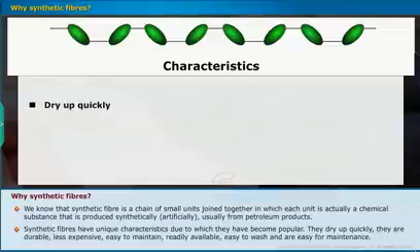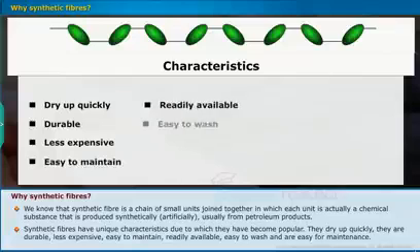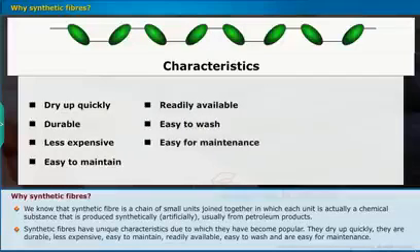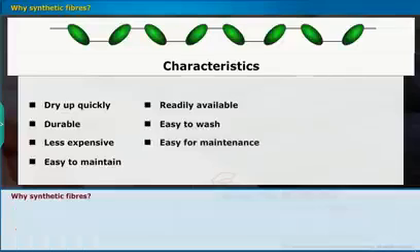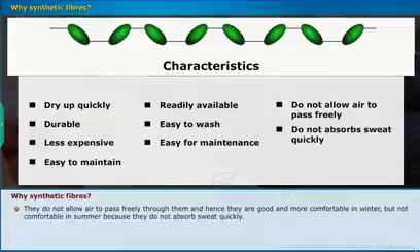They dry up quickly. They are durable, less expensive, readily available, and easy to wash and maintain. They do not allow air to pass freely through them, and hence they are more comfortable in winter, but not comfortable in summer because they do not absorb sweat quickly.